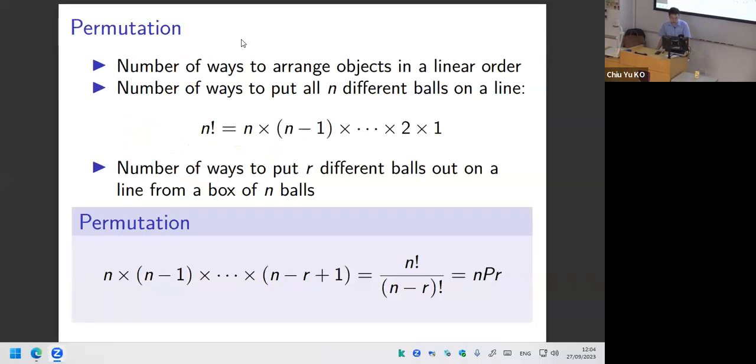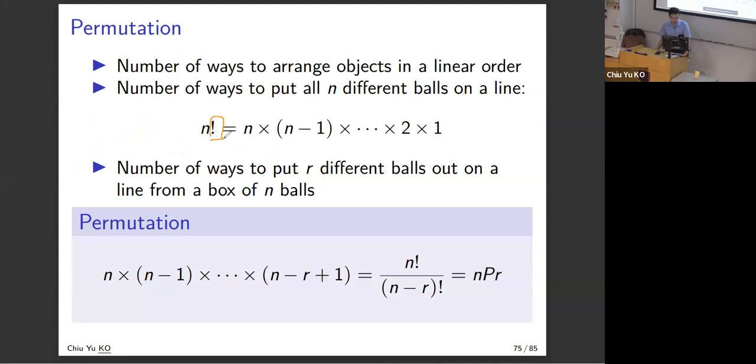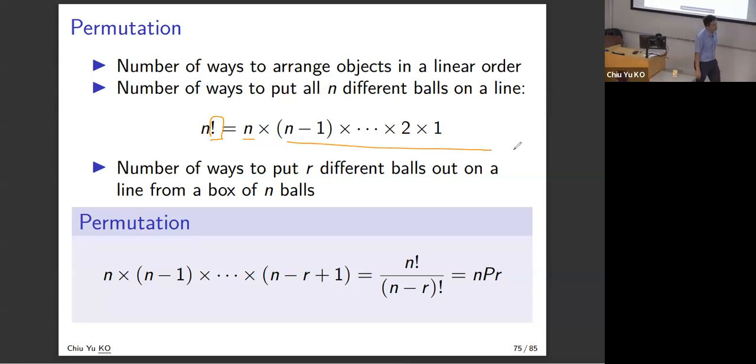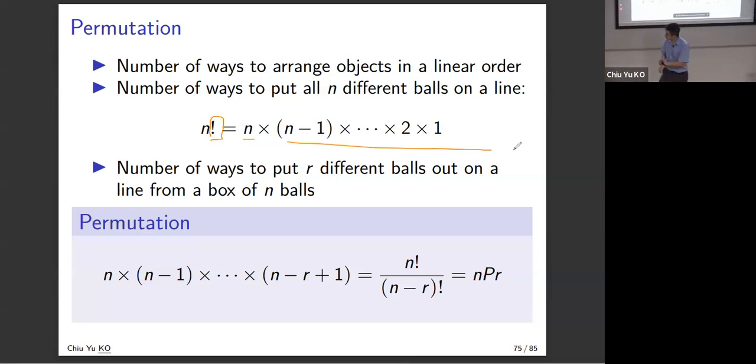This exclamation mark is factorial, which stands for multiplying from n down to 1. So if n people want to be arranged, it's n factorial.